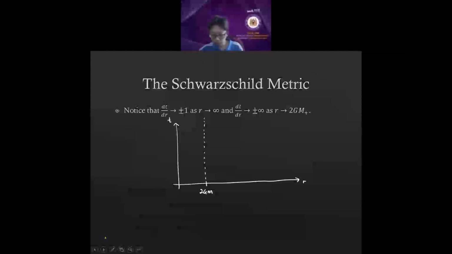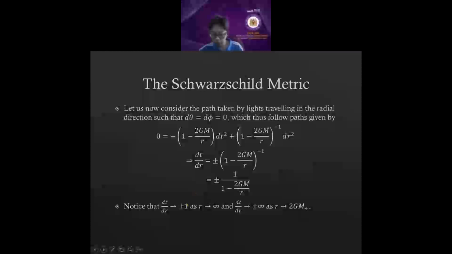Let's first consider the outgoing light first, that is the path with positive direction. So the plus corresponds to outgoing, and the minus corresponds to the ingoing light.